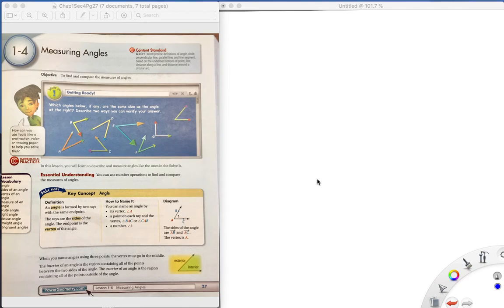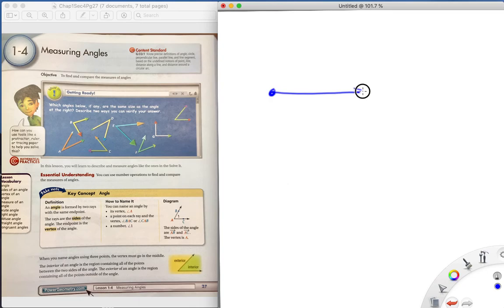So we have one ray here. We'll call that AC. And we have another ray here. We call it AB.